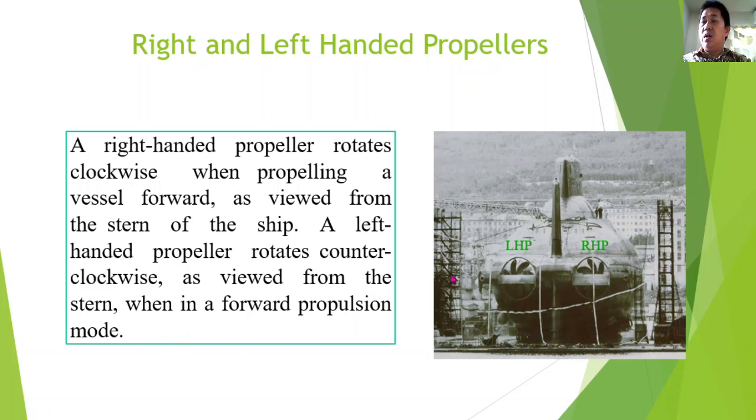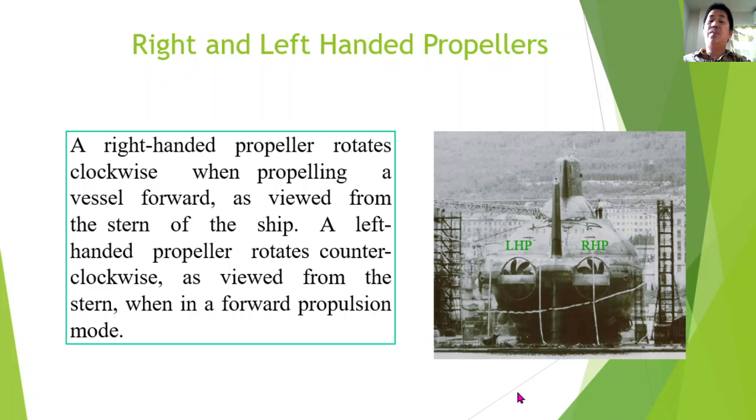So as you can see here, these are twin propellers, twin engines. So there are two engines, and you cannot change sides now. This is left-handed, as you can see, the propeller is left-handed, turning counterclockwise like this, and this is right-handed, turning clockwise.